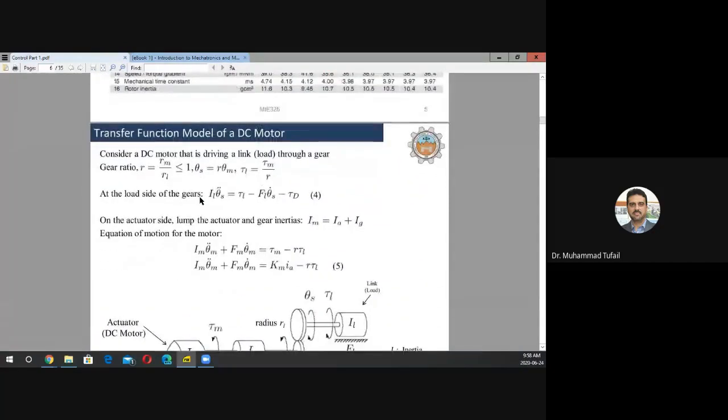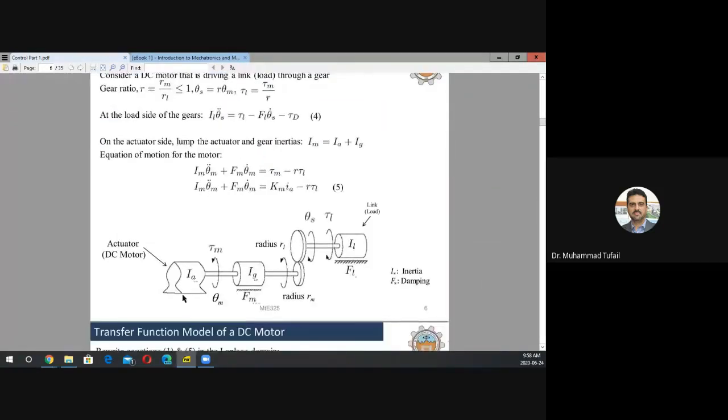Now moving on, let's find the transfer function model of a DC motor. Last time I gave you this in the homework. This is just another way of drawing it, where we show the inertias as separate blocks. There's a gear inertia, and there is the armature inertia.